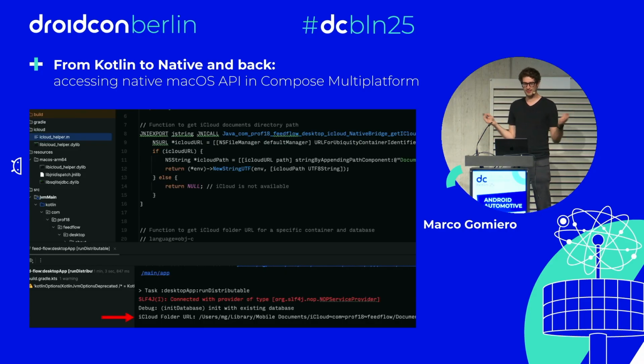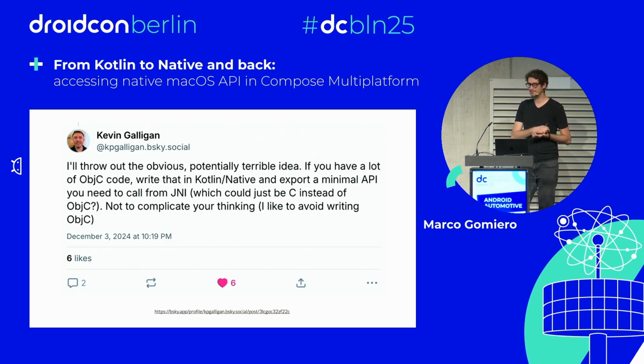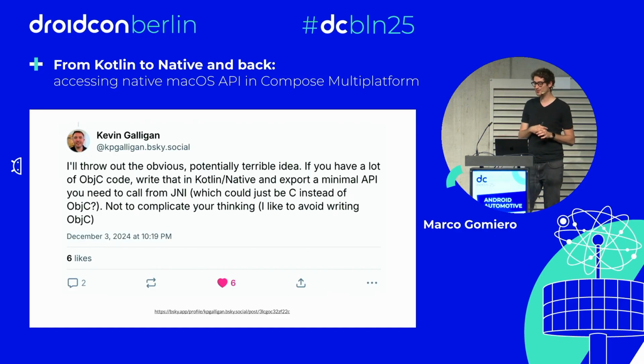So of course, when you don't have a pleasurable experience, you go on social network complaining. And luckily, I had Kevin Galligan here. We had a nice discussion, and he said, well, maybe instead of writing Objective-C, maybe you should write Kotlin Native and avoid writing Objective-C in 2025.